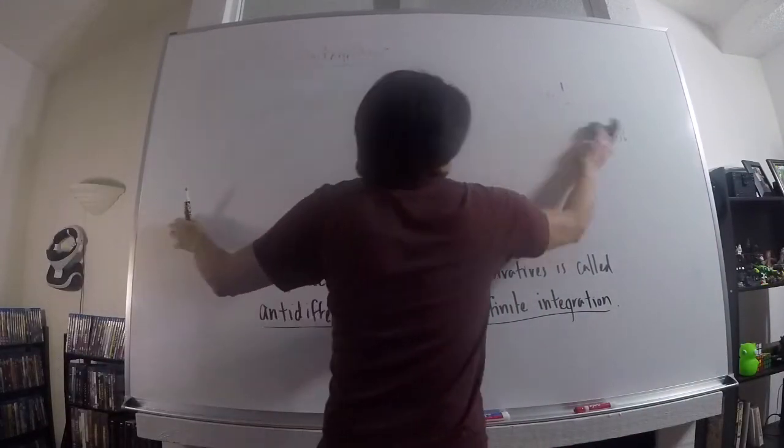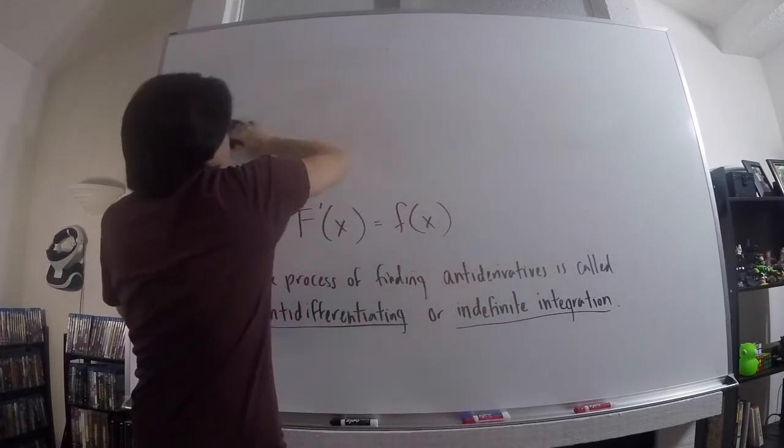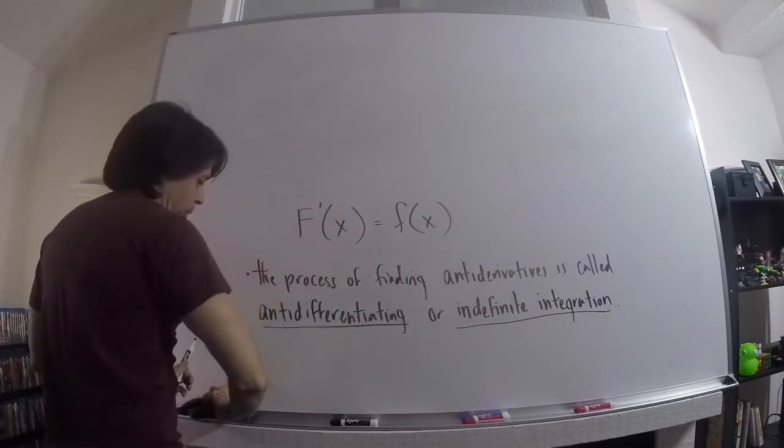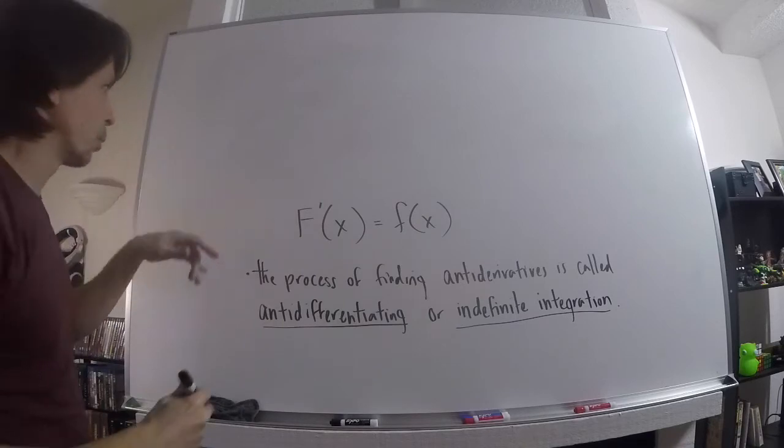I'm going to do a real quick example just to make sure you understand the relationship between lowercase f of x and its antiderivative capital F of x.